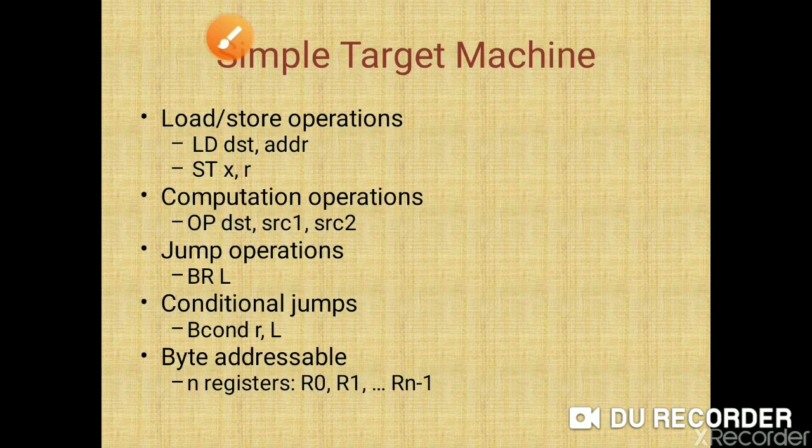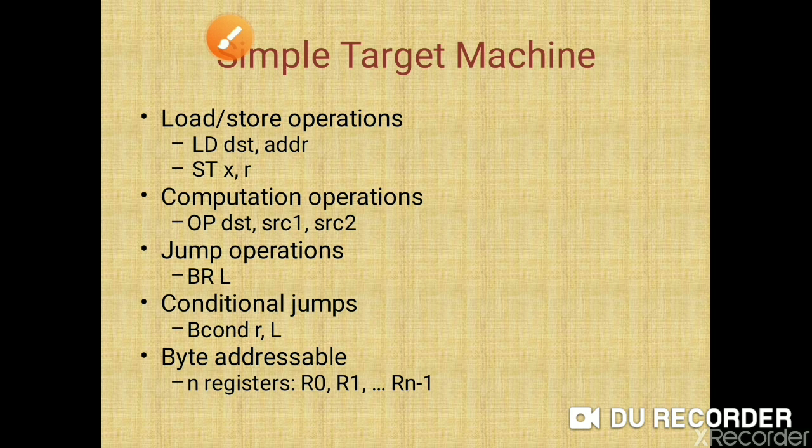Now, in a simple target machine model, normally we will use some set of operations. The first ones are the load and store operations. How will the load and store operations work? The format of load is load destination, address.